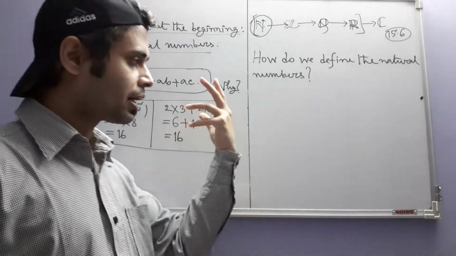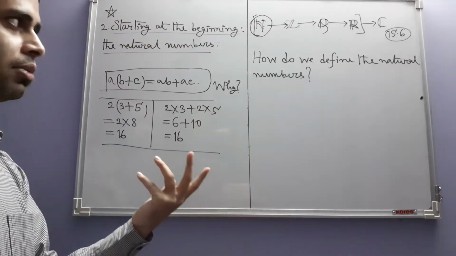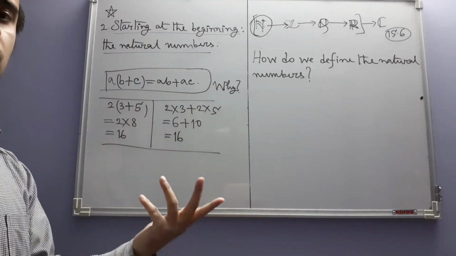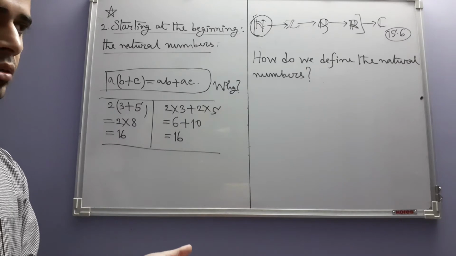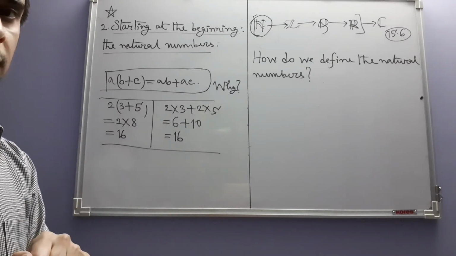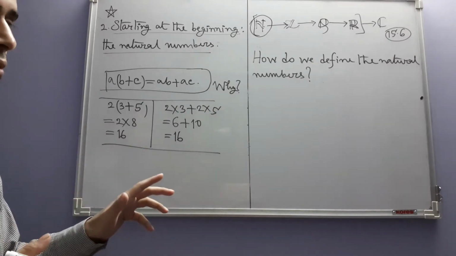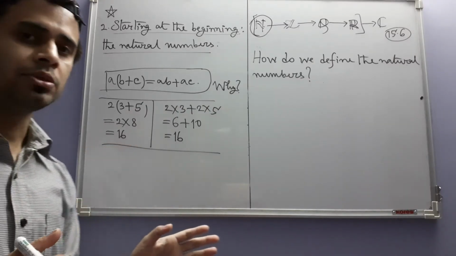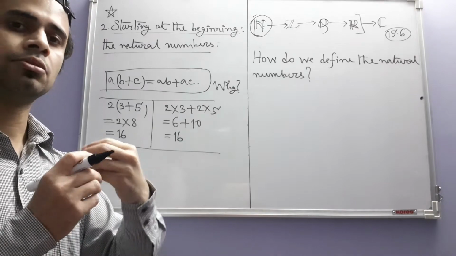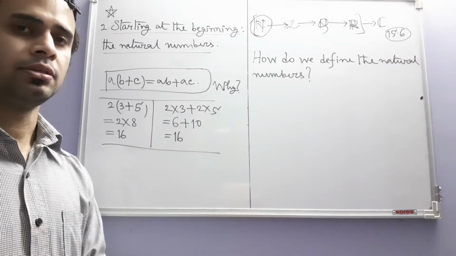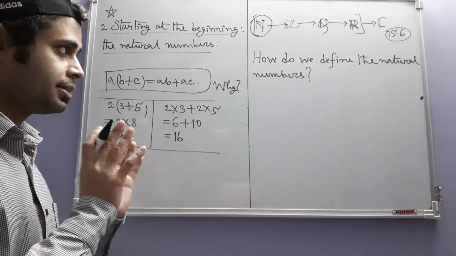So what we will now do is we will have to forget whatever we know about them and start afresh. Now, this may actually be difficult. It may sound amusing. Forget whatever you know about the natural numbers. But that is okay for you.